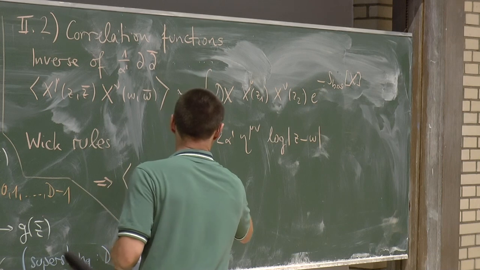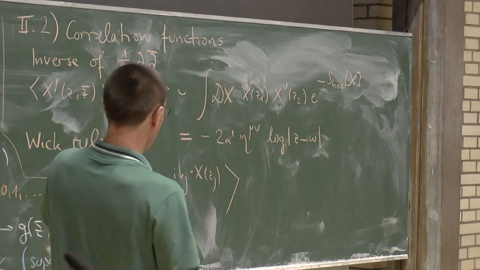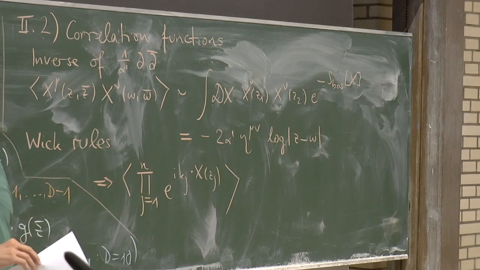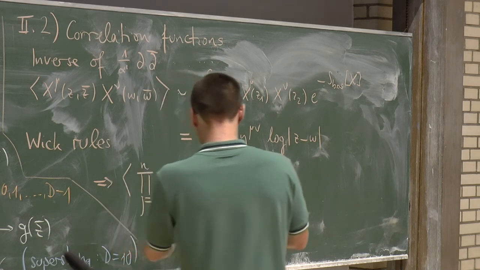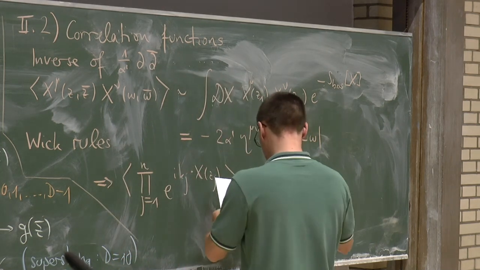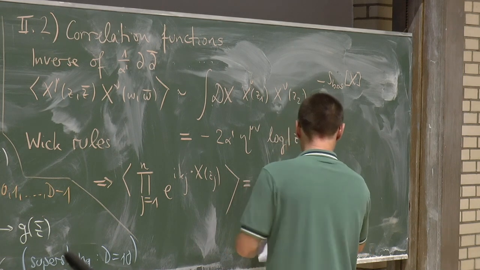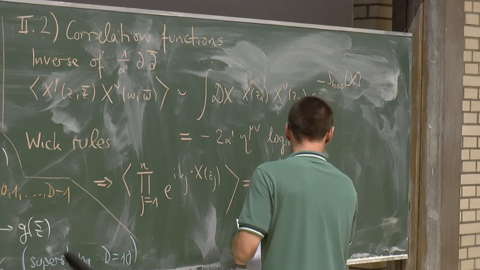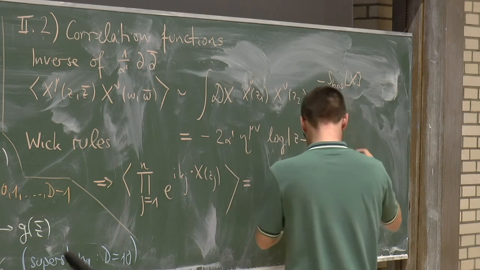Suppose you exponentiate the field x, and then you compute an n-point correlation function of these exponentiated versions. Let's convince ourselves that what you get is, essentially, the process of taking a correlation function exponentiates.